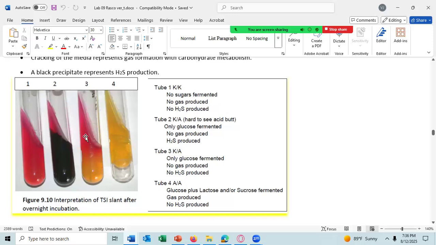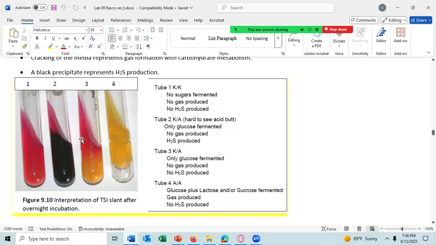However, if we had looked at the slant earlier, let's say 5 hours after you inoculate, the slant would be yellow, and that's because glucose is fermented, creating the acid products to turn it yellow. But the glucose gets used up because it's in low concentration. And that's just because in the TSI tube, the glucose is only 1/10 the concentration of the sucrose or the lactose.